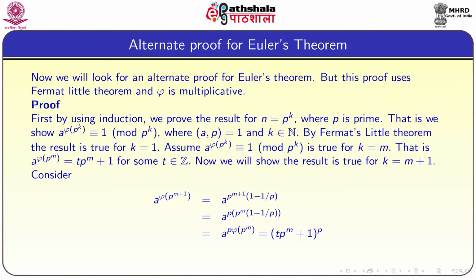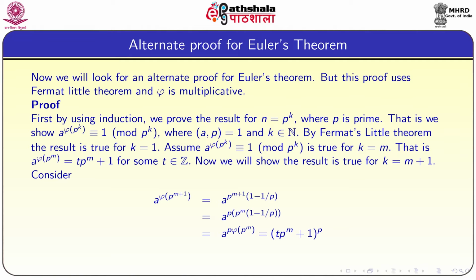Assume that a^φ(p^k) is congruent to 1 mod p^k is true for k = m, that is, a^φ(p^m) = t p^m + 1 for some t in Z. Now, we have to show the result for k = m + 1.